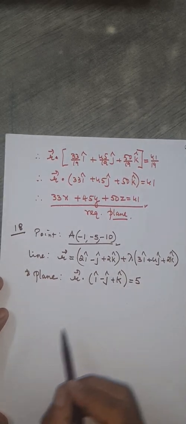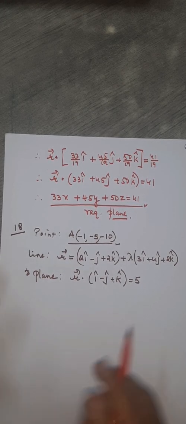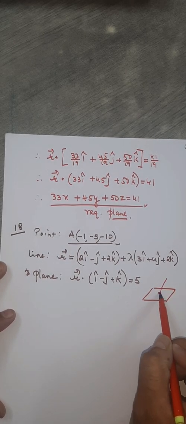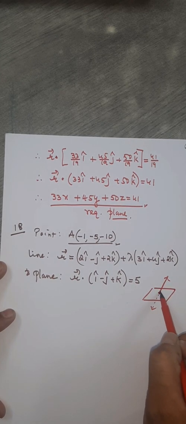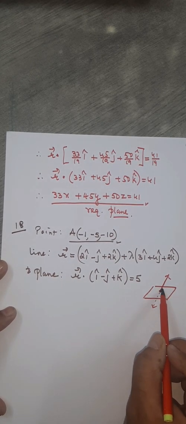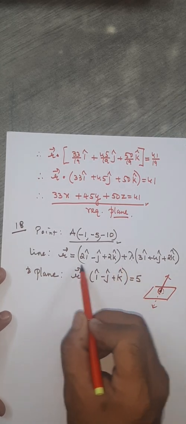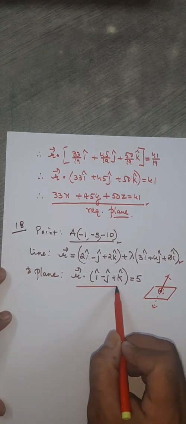Now you want the intersection of the line and plane. Now when a line and plane intersect, it's like this. Here, this is a plane and there's a line. We want this intersection point. So if the line meets the plane, then for some fixed value of lambda, the equation of the line must satisfy the equation of the plane.